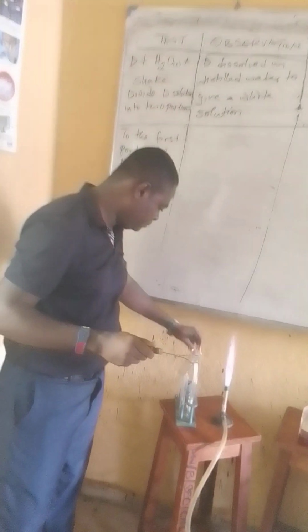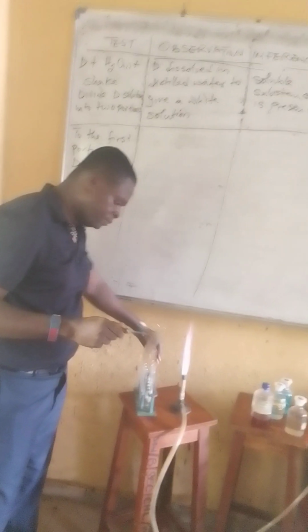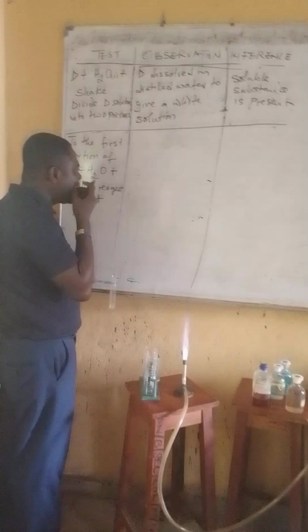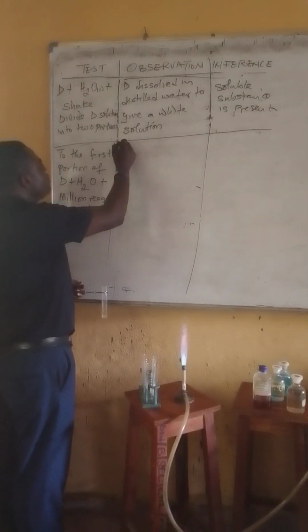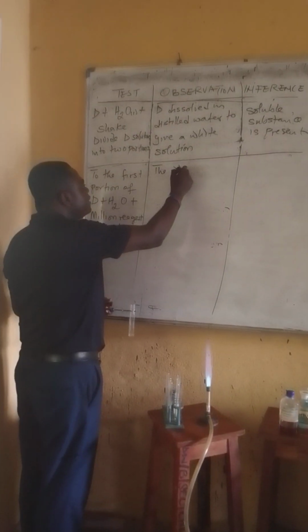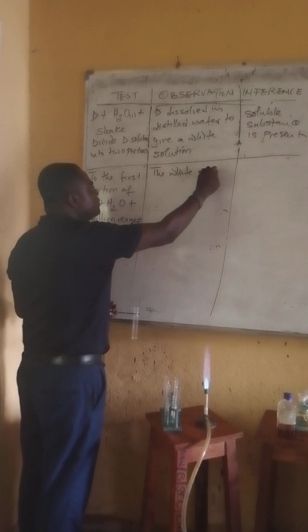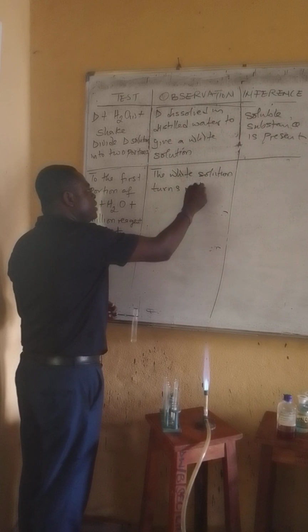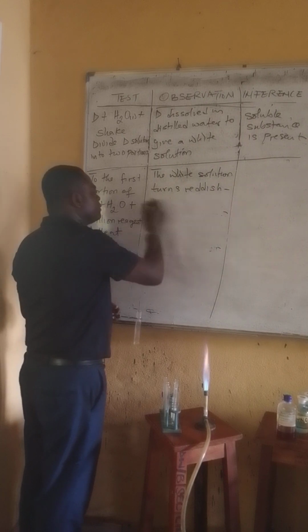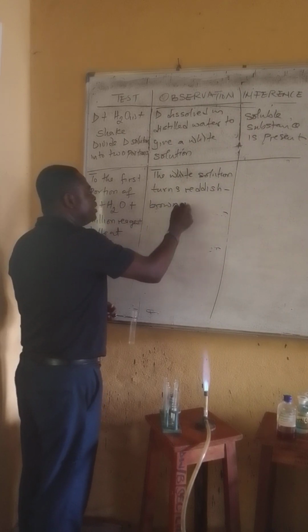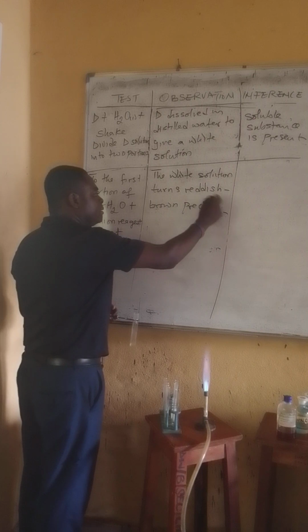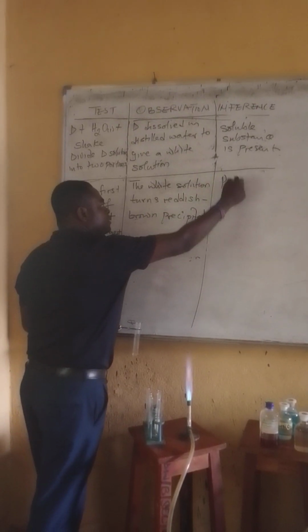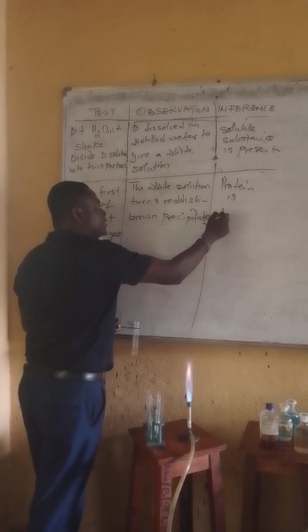So the white solution turns reddish brown precipitate, and that shows that protein is present.